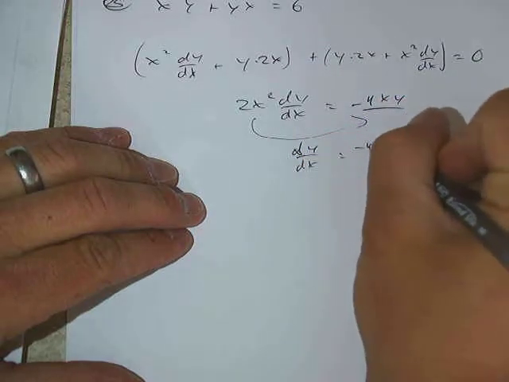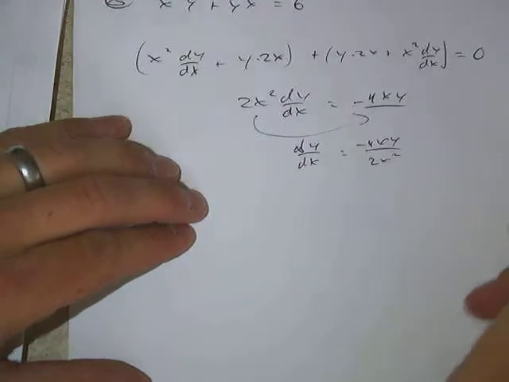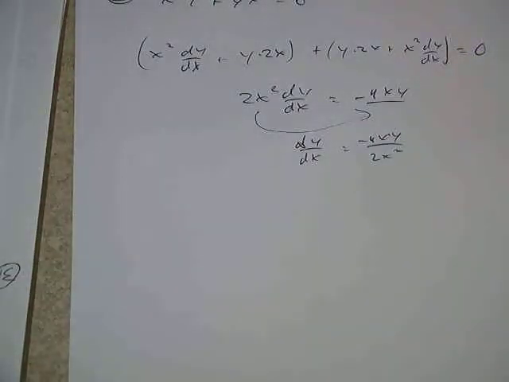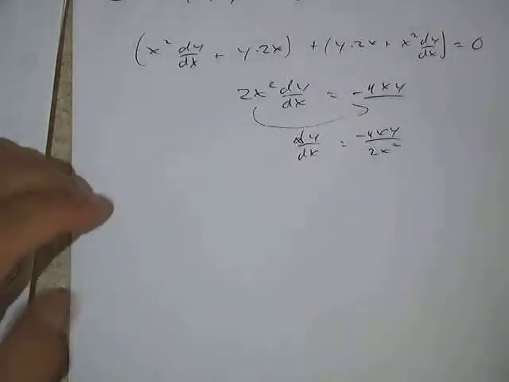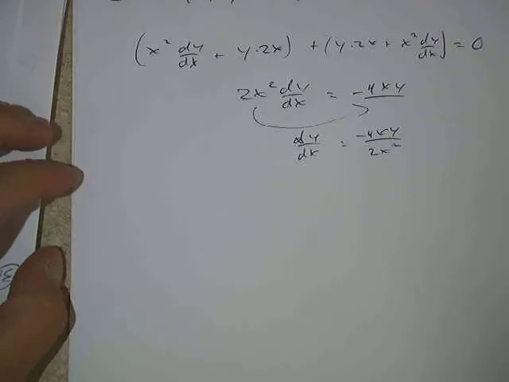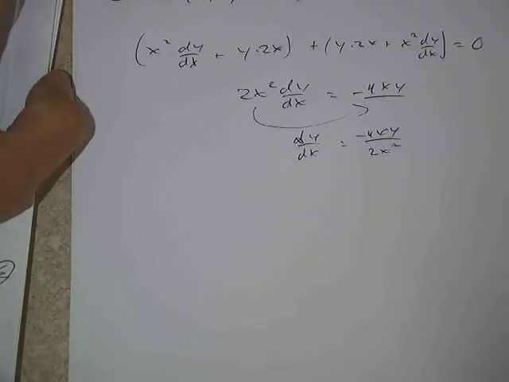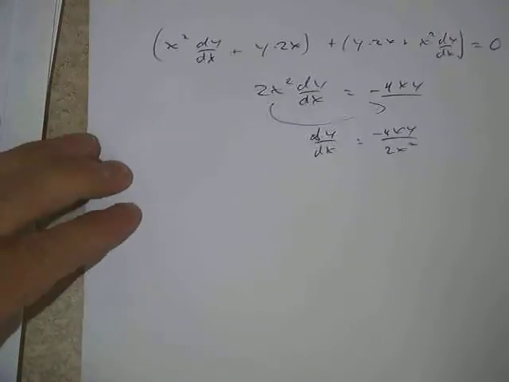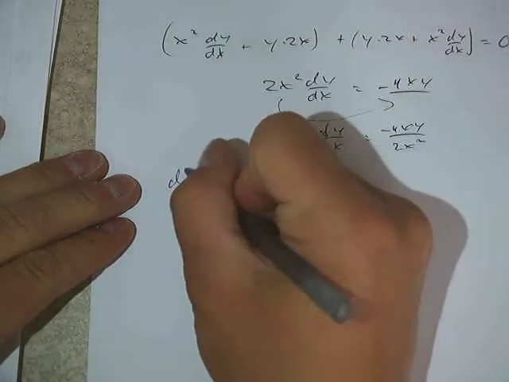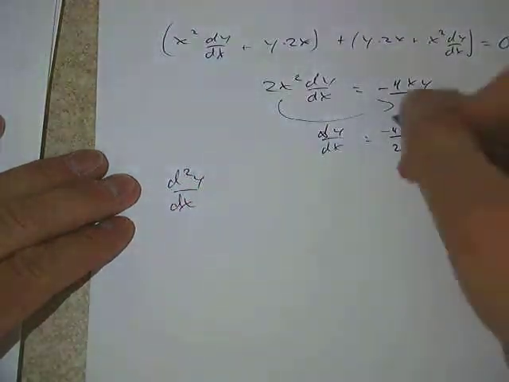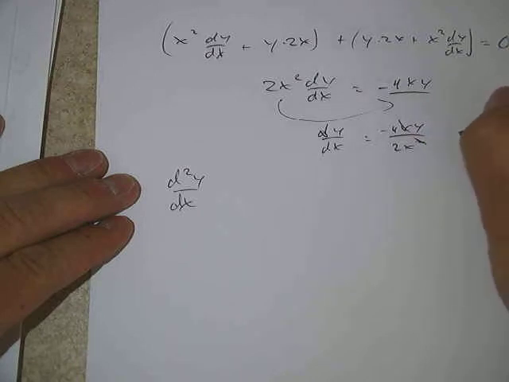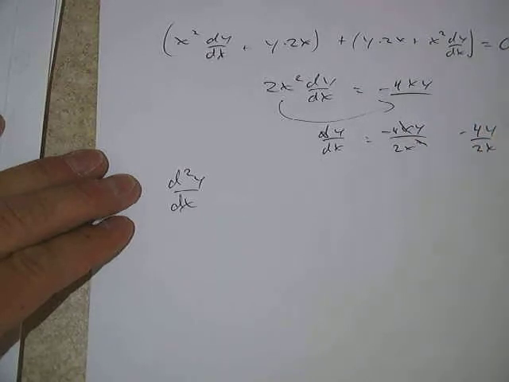Right? And if we collect the things that have dy dx with them, we'd wind up with 2x squared dy dx on this side. And these are both 2xy's, so we'd ultimately have 4xy. If we divide that, we get dy dx equals negative 4xy over 2x squared.